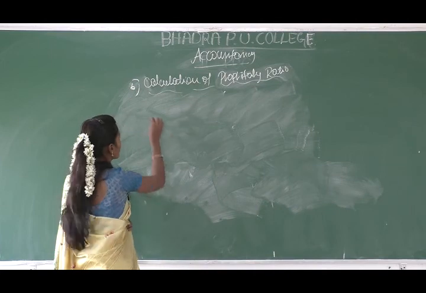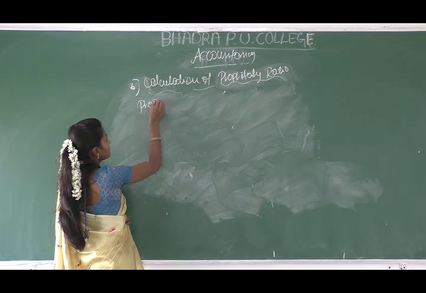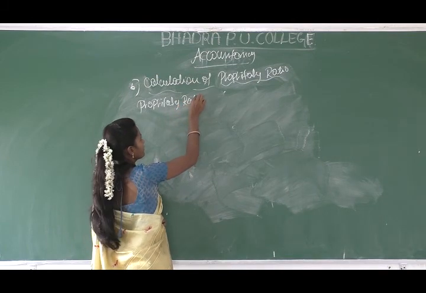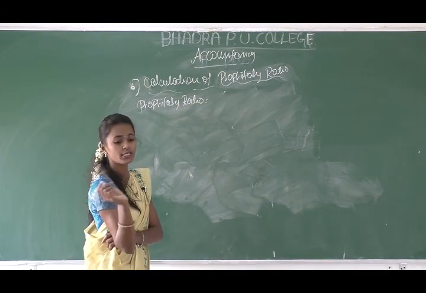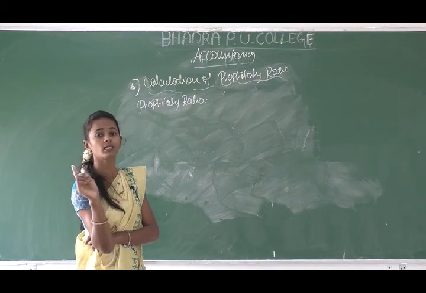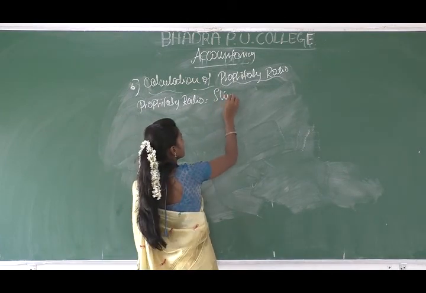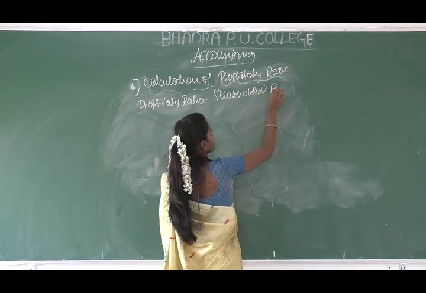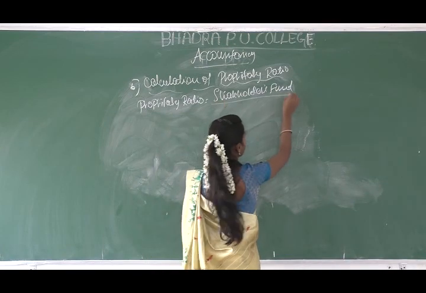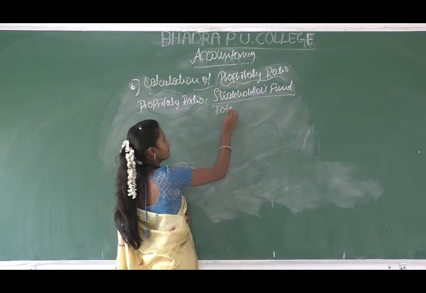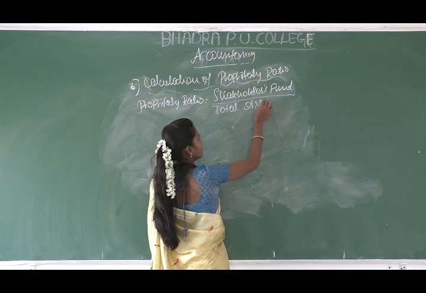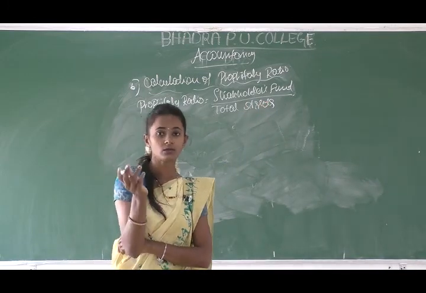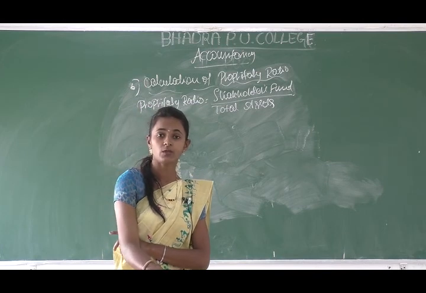Just I'll write the formula. Proprietary ratio is equal to shareholders fund divided by total assets.